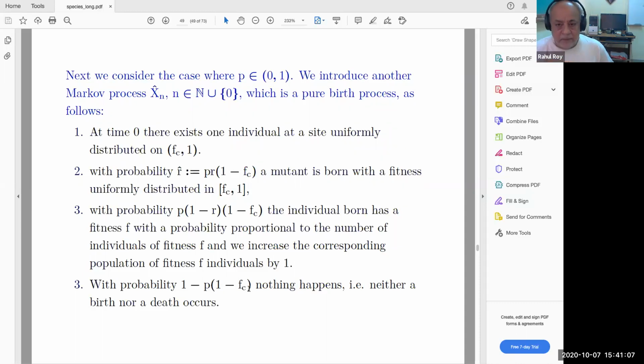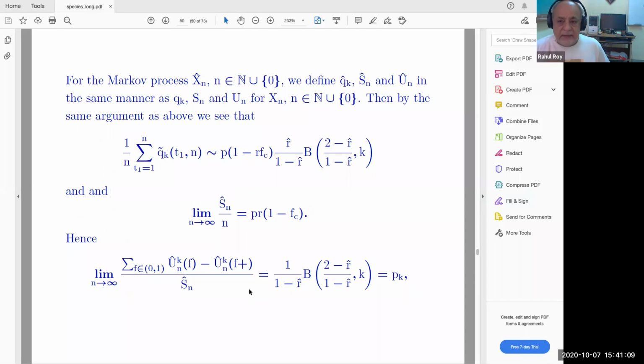Okay. In which case, for this Markov chain, X hat n, we can define q hat k, which is the same as qk, but for this process, S hat n, the number of sites, but now only in (Fc, 1), and U hat n, which is the empirical thing which we're looking at.